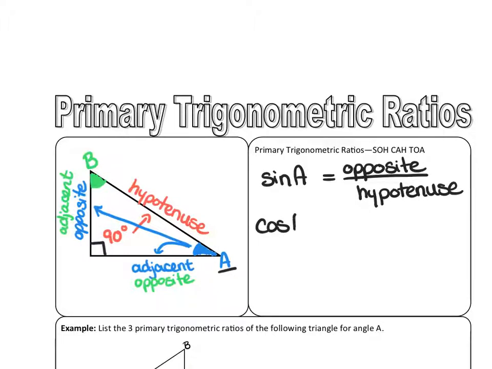Cos of A, or the cosine of angle A, is equal to the adjacent divided by the hypotenuse.